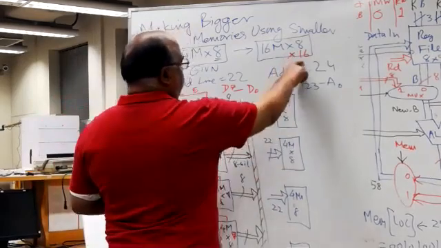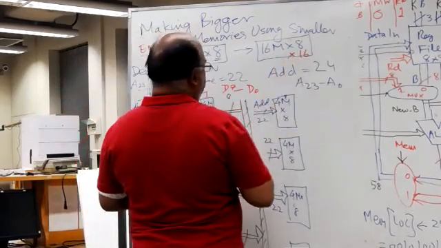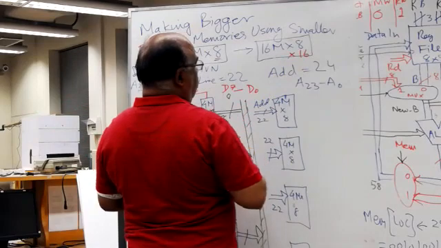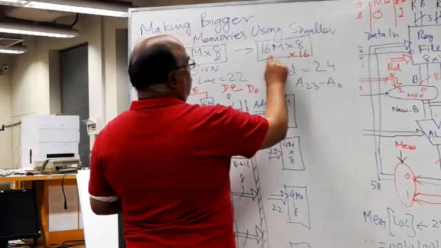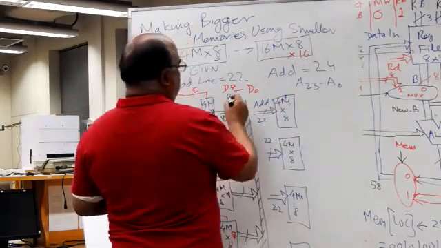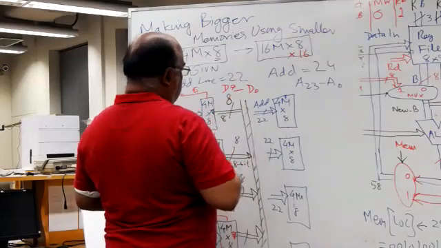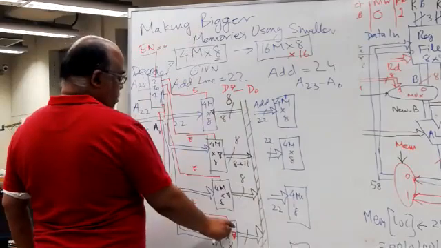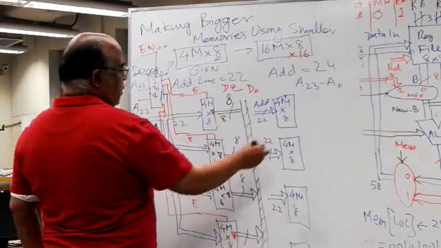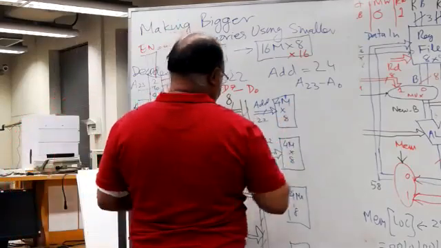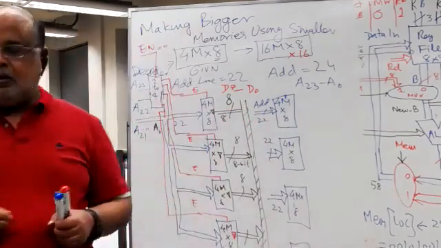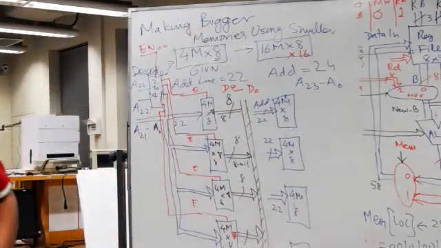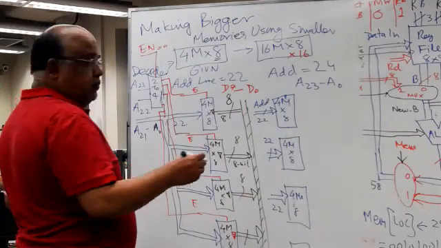Now, since this is multiplied by 16, it means that it can store 16 bits at each location. That means 2 bytes at each location. So this memory chip will store 1 byte, and the other one over here will help in storing the other byte.